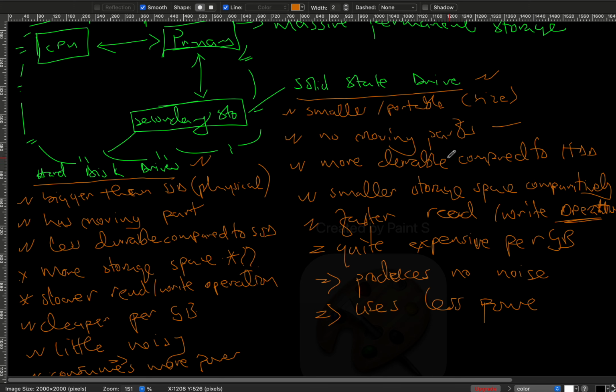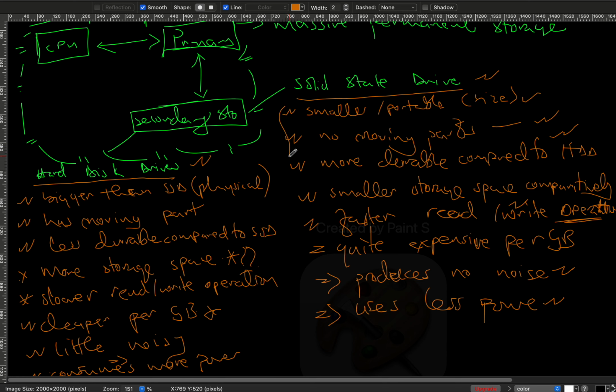Rather, I would still need something that is portable. I would need something that does not have moving parts, something that is durable, something that is fast when I'm writing to it or reading from it, something that produces no noise, that uses less power. Again, it comes with the disadvantage that it's expensive, because the advantages always come with a cost.